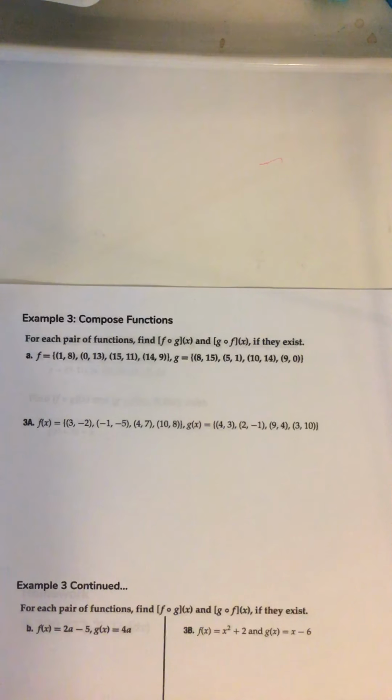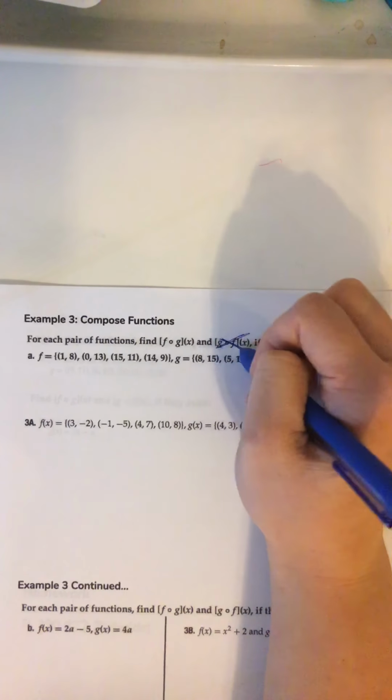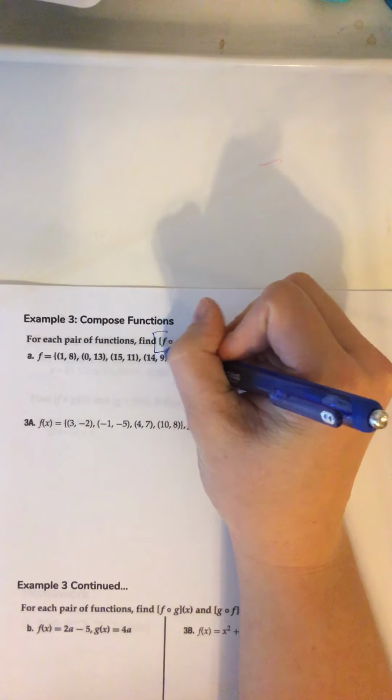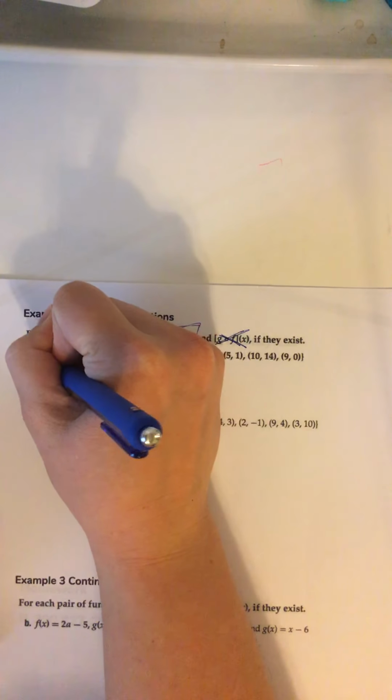Okay, so for this first example, we're only going to find f of g of x, because to save us some time, we're only going to focus on this one right here. Basically, I'm going to rewrite it as f of g of x.